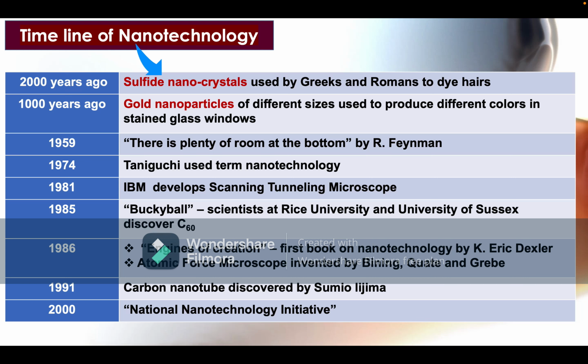Then atomic force microscopy was invented by Binnig, Quate and Gerber in 1986. In 1991, carbon nanotubes were discovered by Sumio Iijima. The science got more momentum when the National Nanotechnology Initiative was started in 2000.